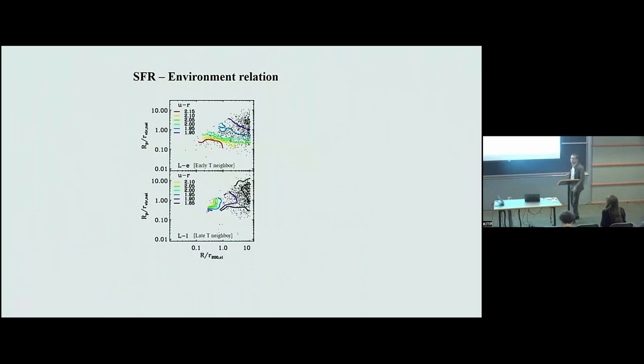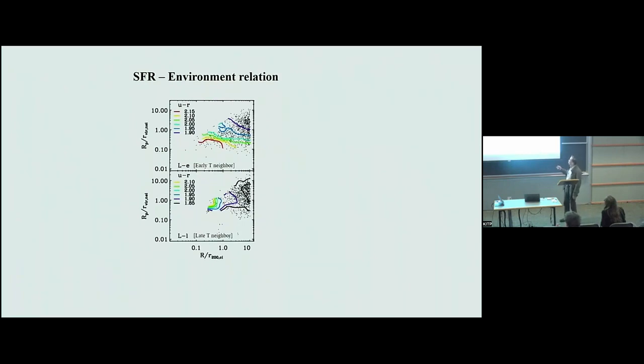Okay, so that's the morphology, and here I'm showing star formation rate. I'm going to show U minus R color and H alpha equivalent width. Here the contours look different.